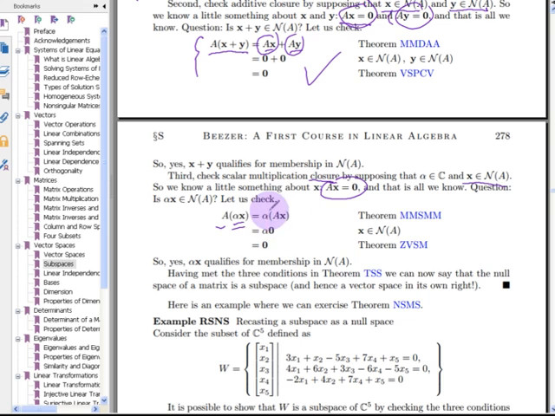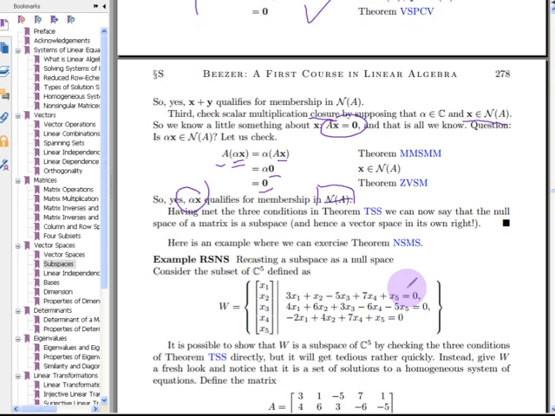Well, this is also a property of matrix multiplication, that we can pull out the scalar multiple. We already know that Ax is equal to 0, and any scalar multiple times 0 is equal to 0. So we've shown that the matrix A times αx is also equal to 0. So αx is also in the null space. Okay, so the null space is in fact a vector space. Is in fact a subspace.